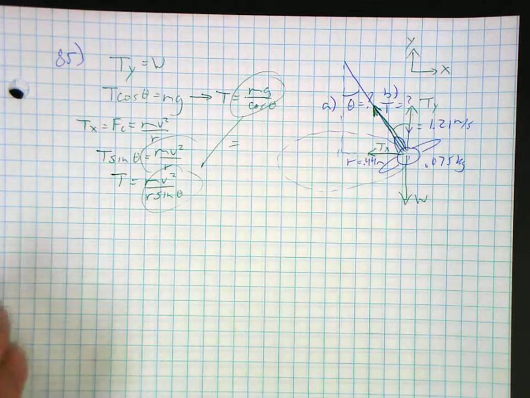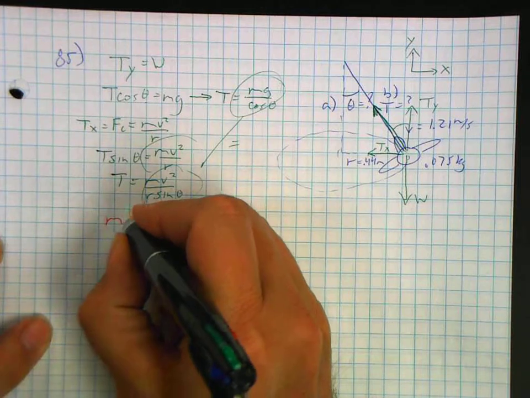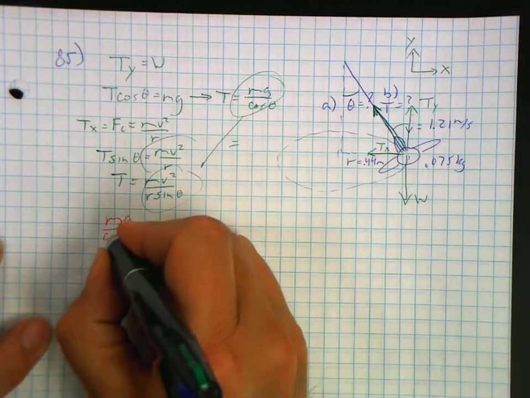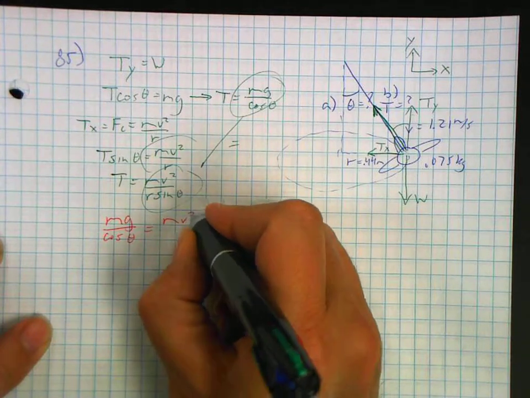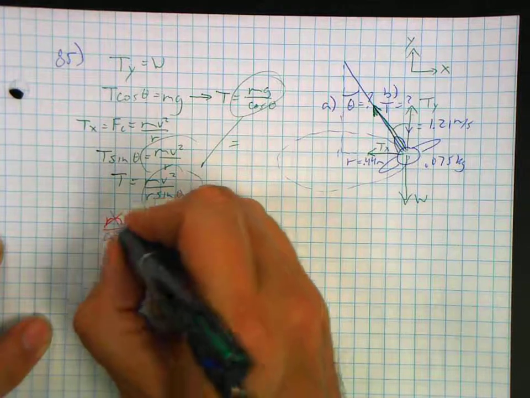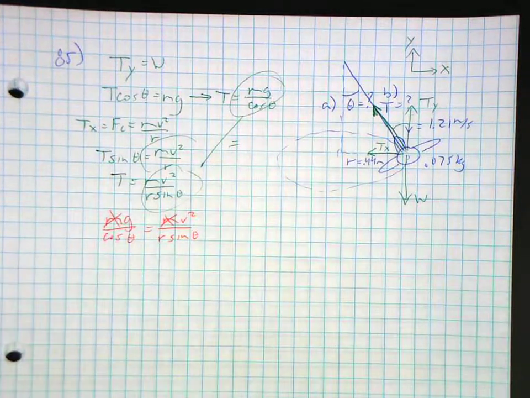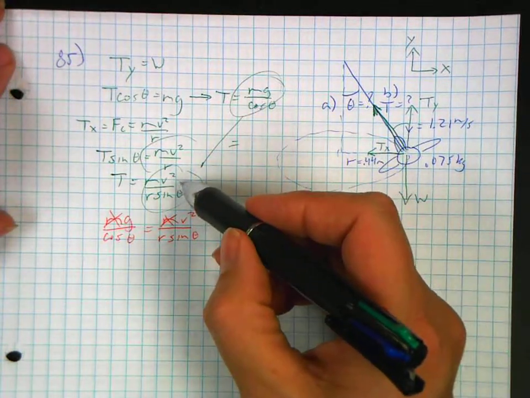So we've got mg over cosine theta equals mv squared over r sine theta. Mass goes away. Doesn't matter what the mass of the airplane is. It was extra information. Now, we will need it later on when we find the tension, which we can use this formula or that formula to find the tension once we find the angle.